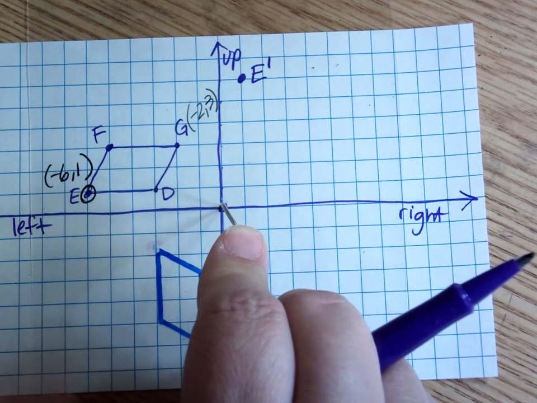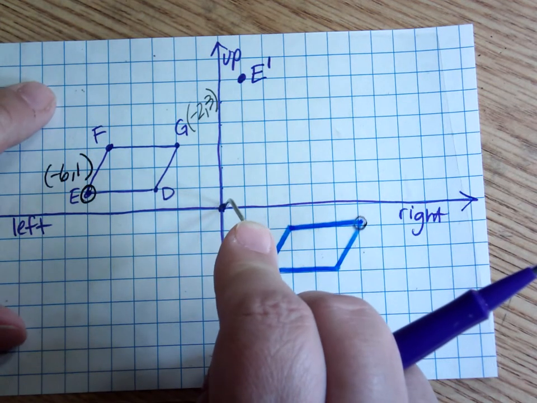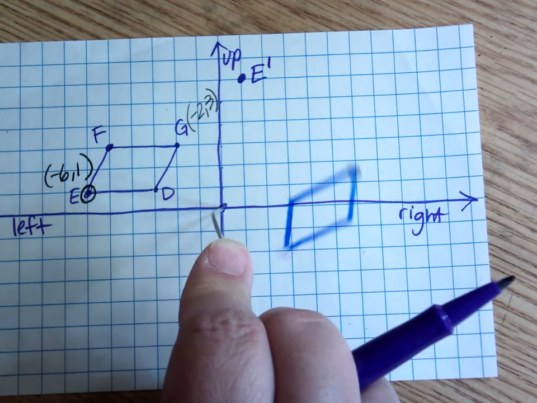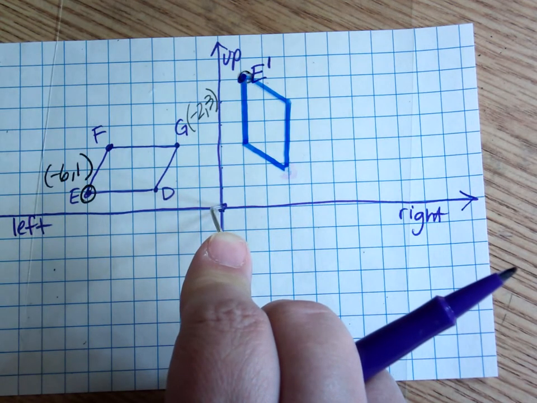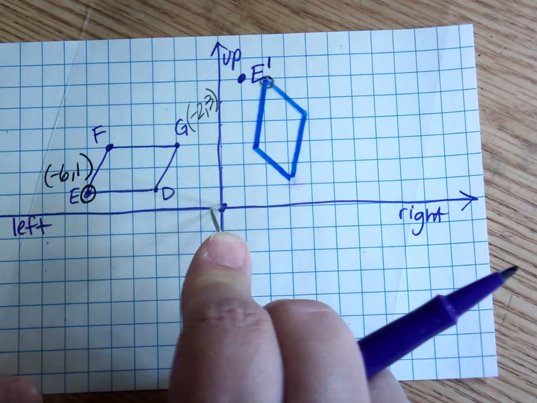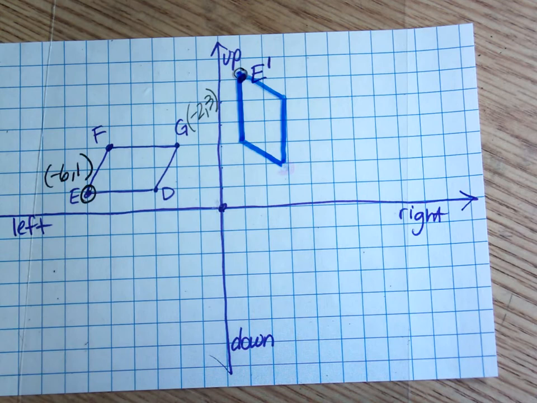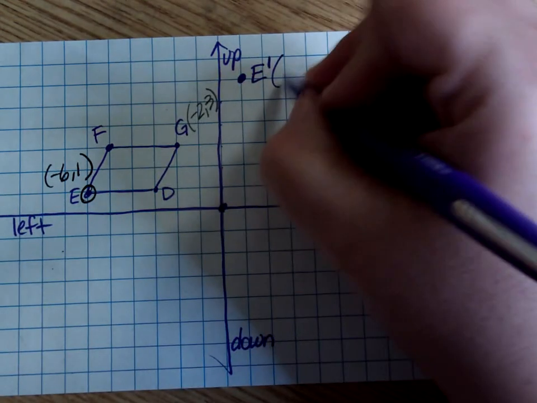And I know that some of you are thinking, I can't do it with a transparency, so I'm not going to be able to do it. But the only reason I'm showing you this is just to help you visualize it. Okay? So there it goes. Lands right there at +1, +6. That's the coordinates of E prime.